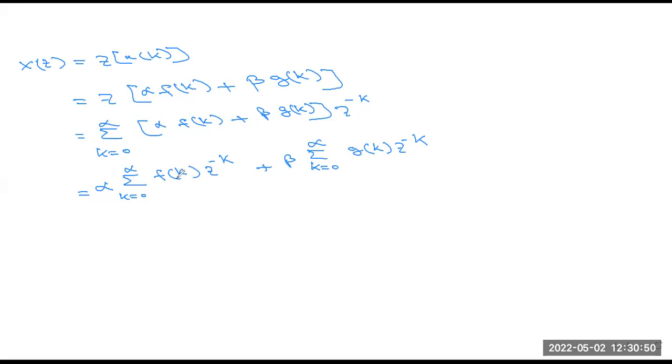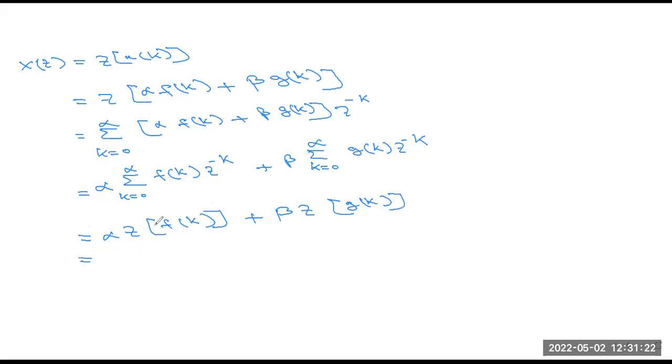This is the first term and another is the second term. This rule is called the shifting rule of our Z transform. Now you can easily convert: this is alpha into the Z transform of f of k plus beta into the Z transform of g of k.